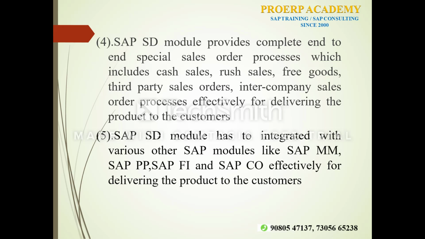Similarly, if we take free goods as one of the special sales order processes, what is meant by free goods? Free goods means that in the festival time, the companies are providing 1+1. That means if you purchase one material, then one material will be given free of cost.